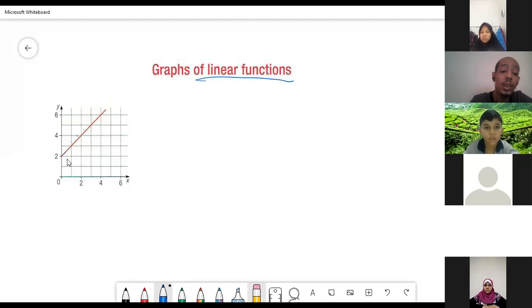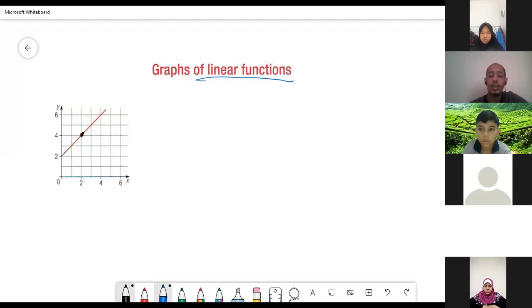We need to, for each point, refer to its x and y coordinates. For example, this point, okay, has the coordinates of what? What is the coordinates for this point? You know coordinates?